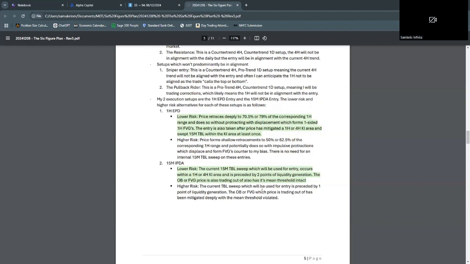The only thing really is that the 15-minute IPTA entry always required a time-based liquidity sweep. The only difference is that now that needs to occur within a 1 hour or 4 hour key indicator area. So if it just occurs, but price had not previously mitigated that key indicator area, then there's no trade there. So that's effectively been the biggest tweak.